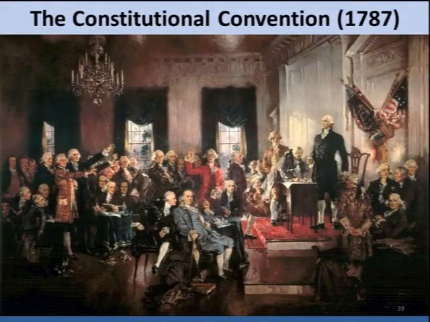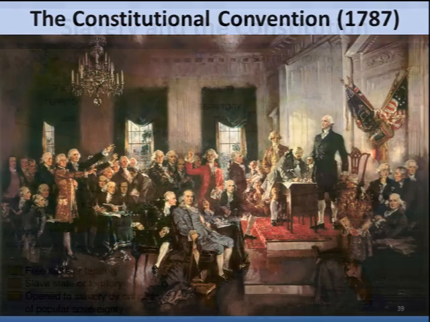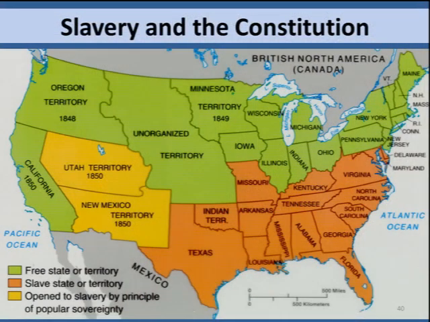Slavery was already an issue when the Constitution was being debated in 1787. About half of the Founding Fathers and other delegates to the Constitutional Convention owned slaves. While some believed slavery was wrong and should be abolished, the Southern states would not accept the new Constitution unless slavery remained legal. Even so, by 1804, slavery had been outlawed in the 8 northern states.